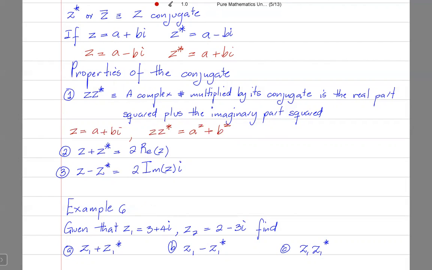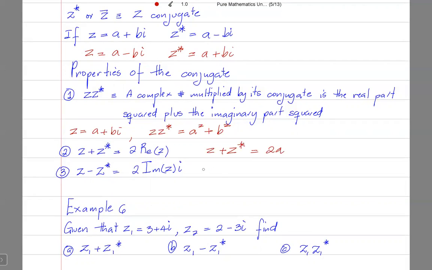This says that the sum of a complex number and its conjugate is equal to 2 times the real part. Using the same example, Z is equal to a plus bi. Z plus Z conjugate would be equal to 2 times the real part, so it's 2a.